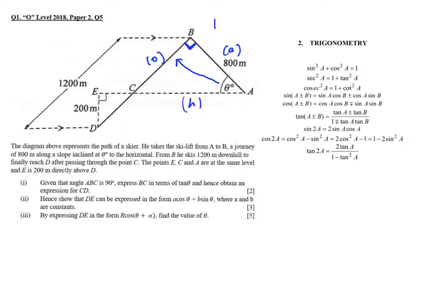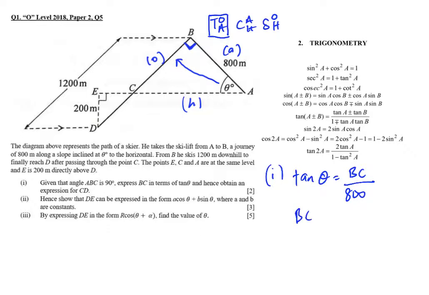So if we use SOH CAH TOA, since we are targeting to find tangent theta, we focus our efforts on the first ratio here. So for part 1, tangent of theta is equal to the opposite length, which is BC, over the adjacent length, 800 meters.